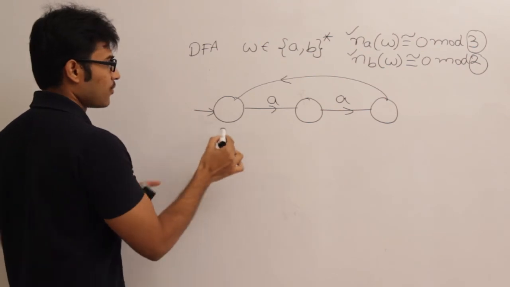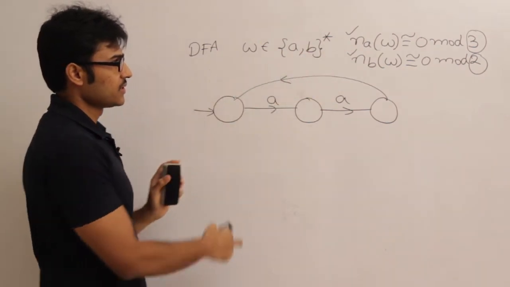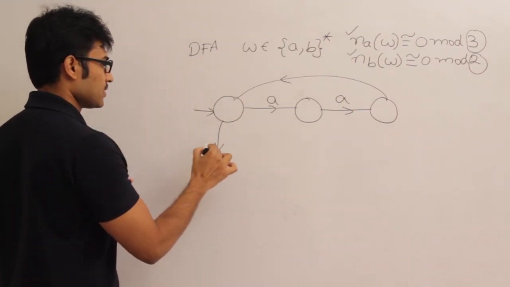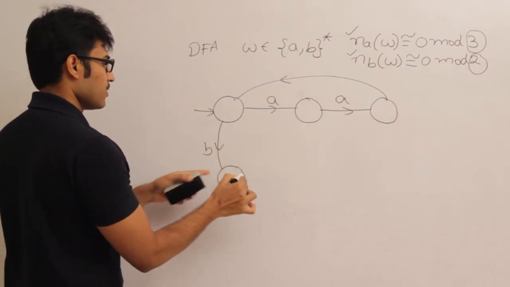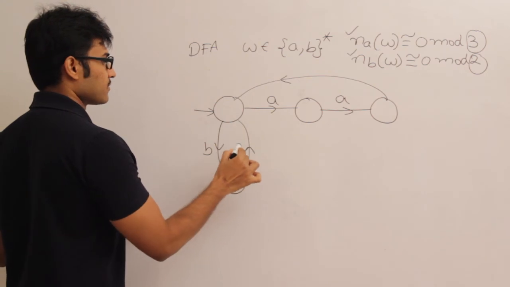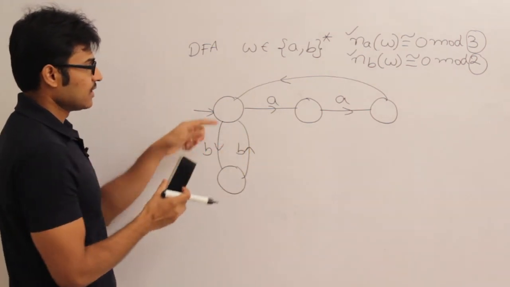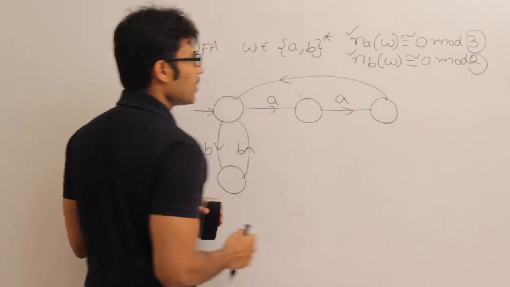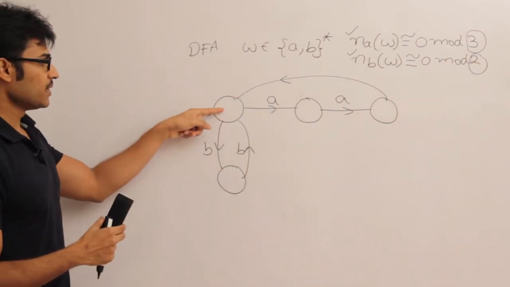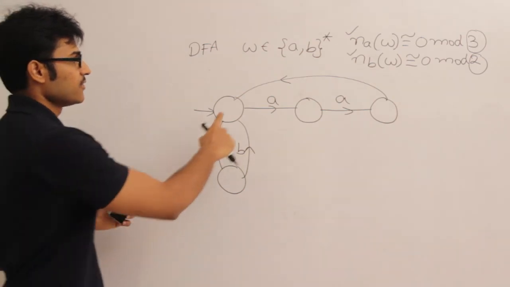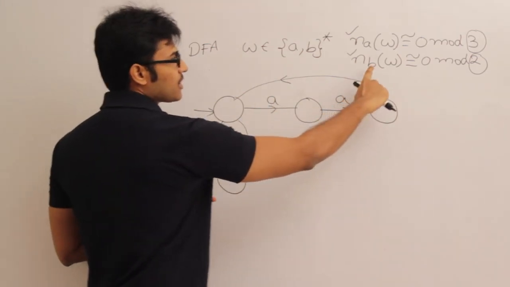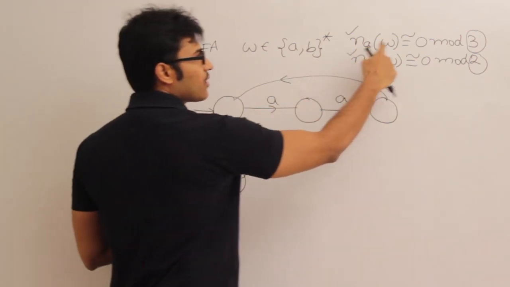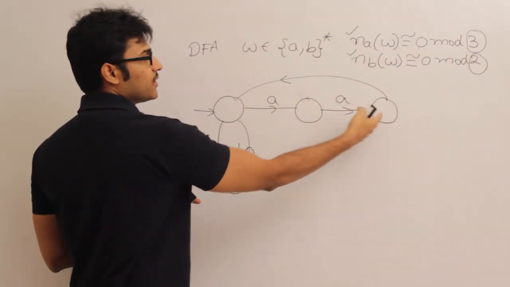Similarly, I am going to count the number of b's vertically: 0 b's, 1 b, 2 b's, which means even b's and odd b's. It is nothing but divisible by 2 and not divisible by 2. So b's will be only 2 states and a's will be 3 states. Why? Because the number of b's has to be divisible by 2, that is by only 2 states, and the number of a's has to be divisible by 3, that is by 3 states.